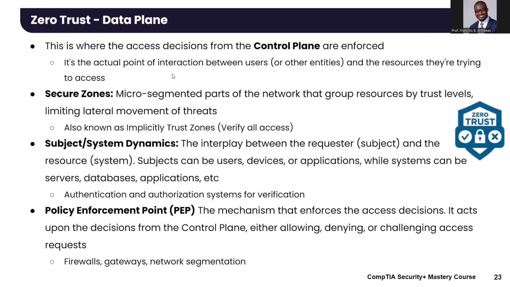You've got to remember this for your exam, guys. For example, one of the questions they might ask you is, well, in the data plane, what is taking place over there? And then you will see one of the answers as being secure zones. Absolutely, right? Secure zones is what is taking place inside of that data plane. We're going in and creating these micro segmentation parts of the network, especially in the cloud, automatically.